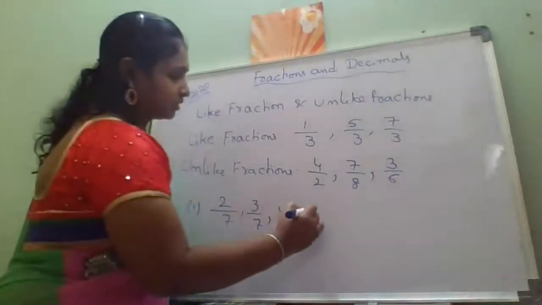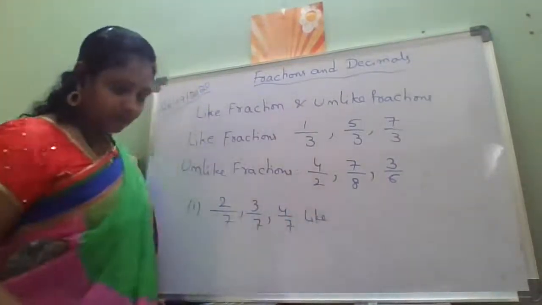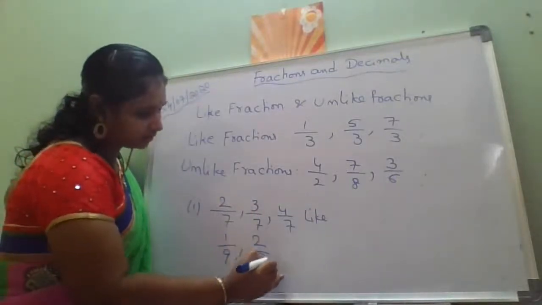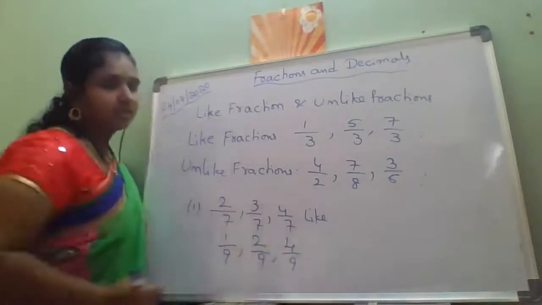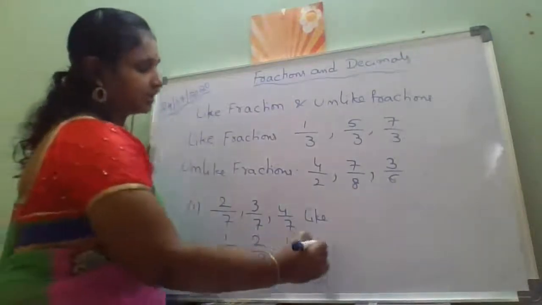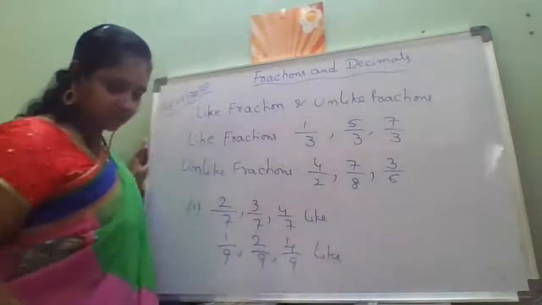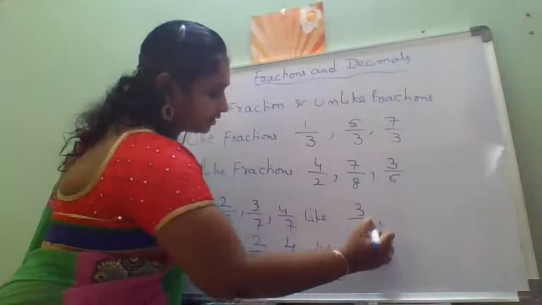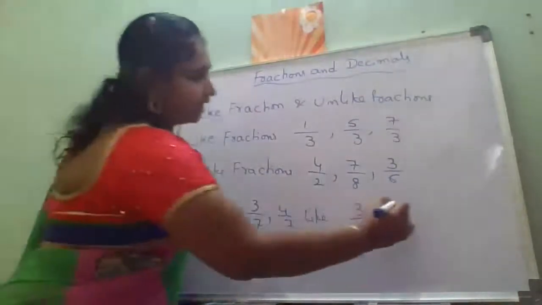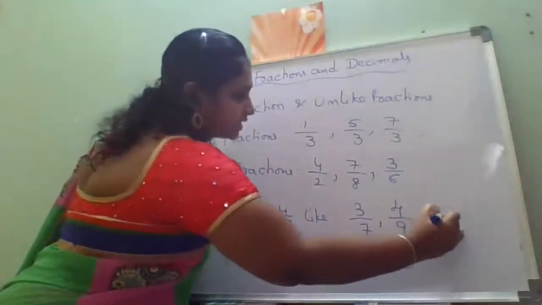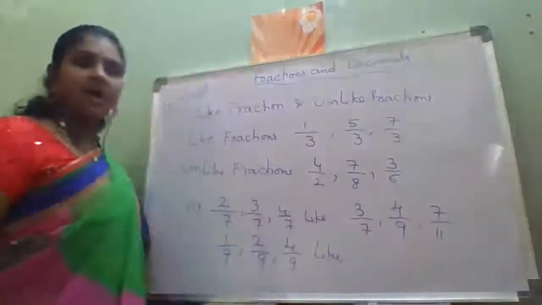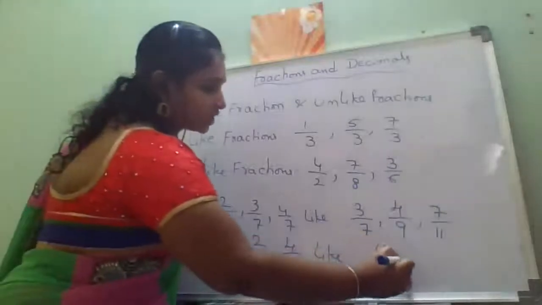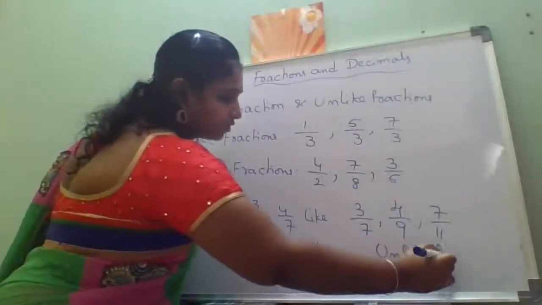Next: 1 by 9, 2 by 9, 4 by 9. These three are like fractions. Next one more set: 3 by 7, 4 by 9, 7 by 11. These three are which type of fractions? Unlike fractions. Okay.